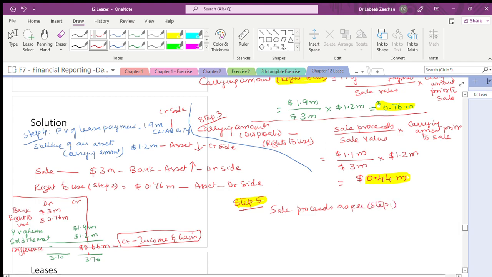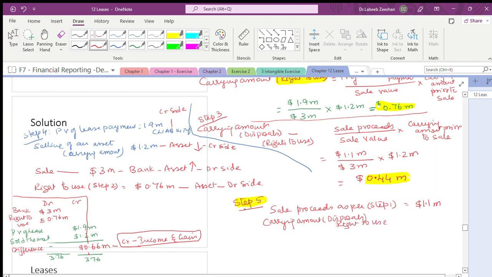Sale proceeds as per step 1, how much is there? 1.1 million. Next is carrying amount on disposals, right to use.